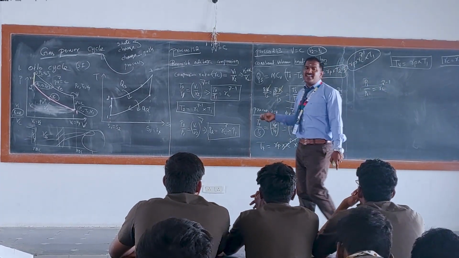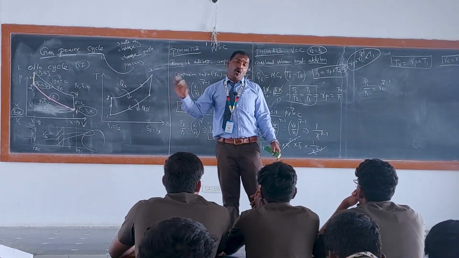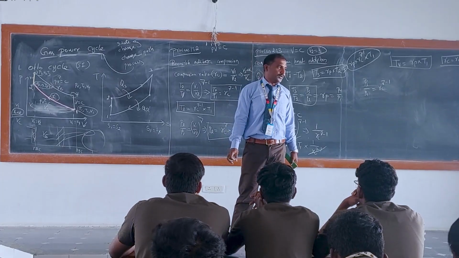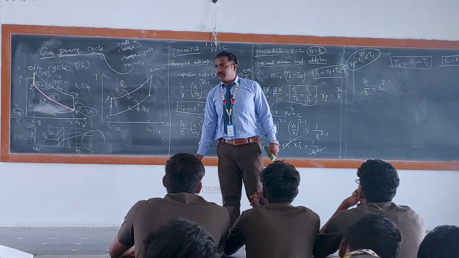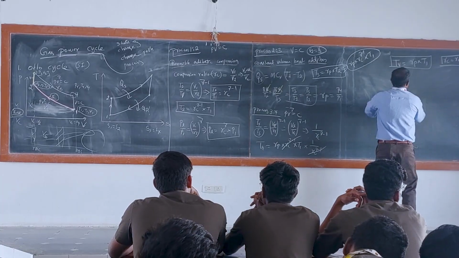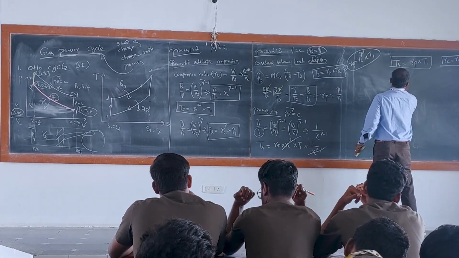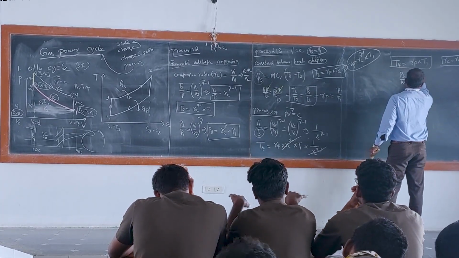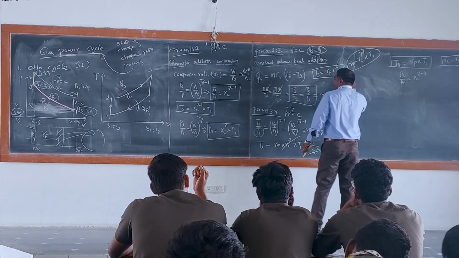You should always remember that. It is important for GATE questions. Write the final one: P3 divided by P4 is equal to RC power gamma minus 1.